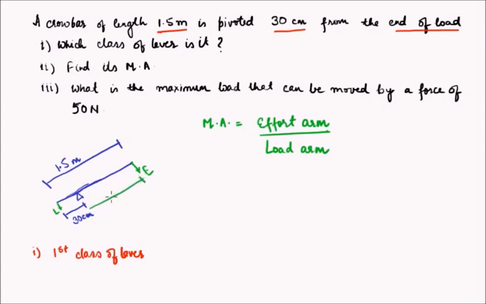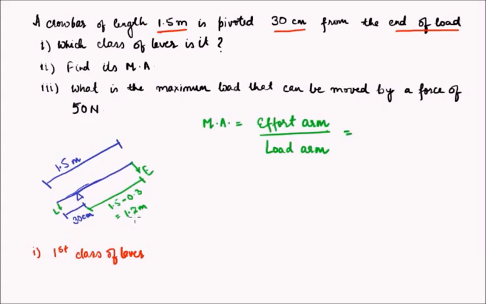Now the effort will be applied at this end. Let's try to mark it here, something like this, effort, and the load will be somewhere here, load. So the effort arm will be this particular distance, the distance between the fulcrum and the effort. Now the total length is 1.5 meter.